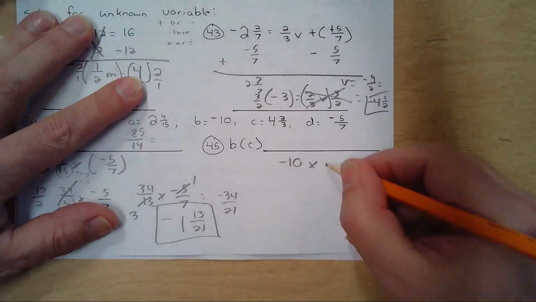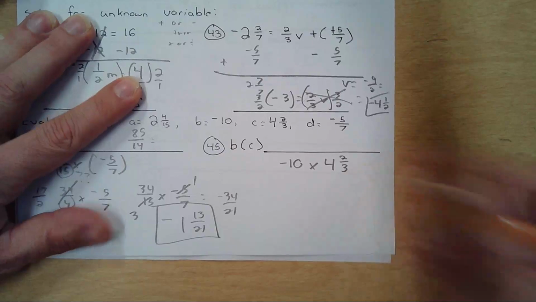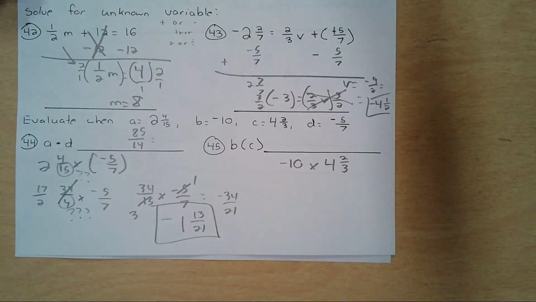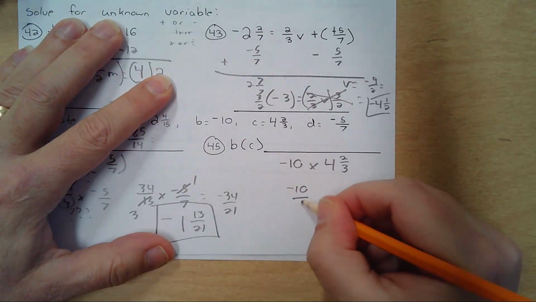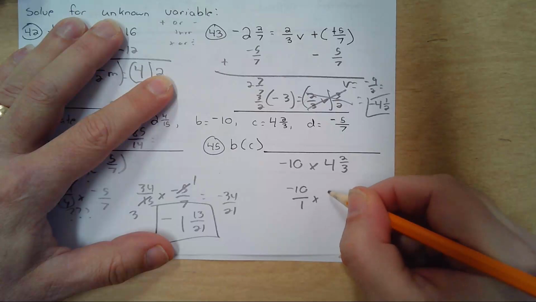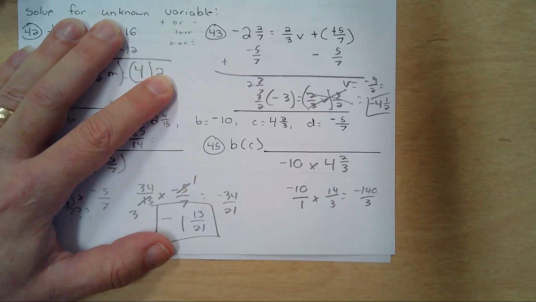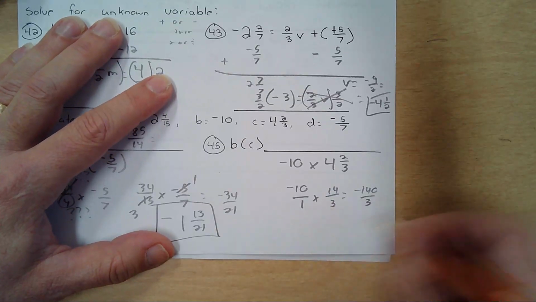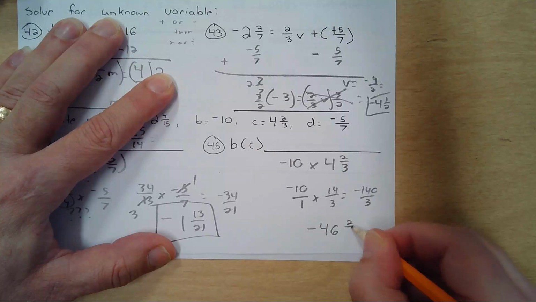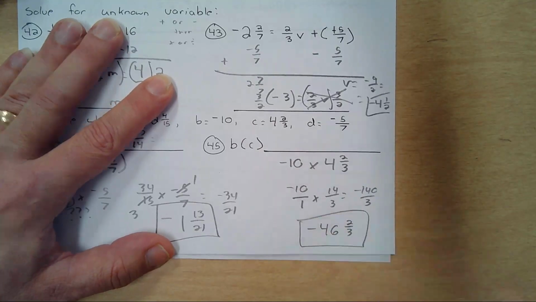I guess we both fell apart on that problem. I got negative 34 over 35. Everything was just flowing along fine until I got to 44 for me. Well, all right, let's regroup here, see if I can get this one. So 12, 14 over 3, negative 140 over 3, negative 46 and 2/3. There we go.